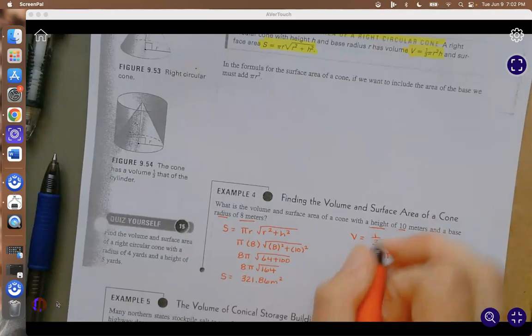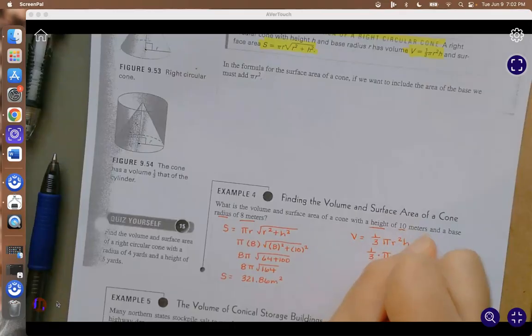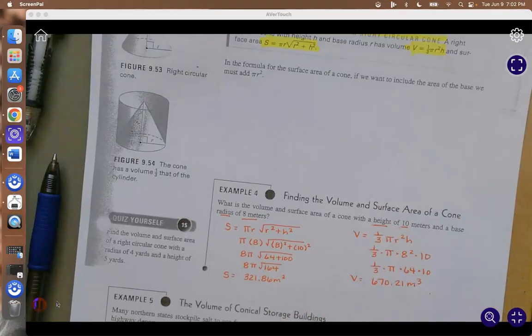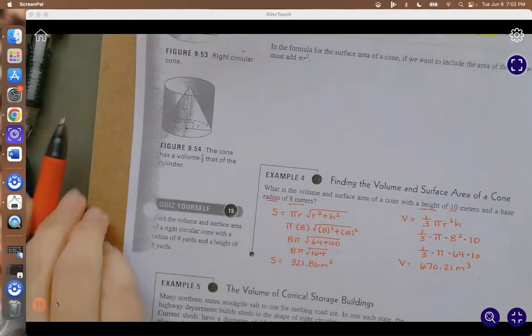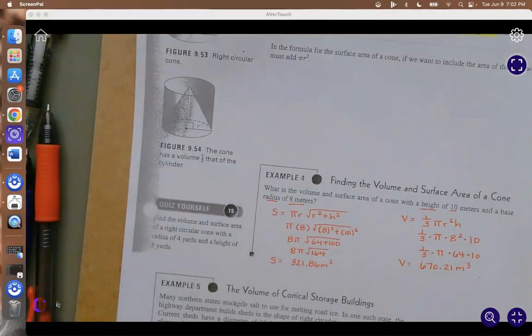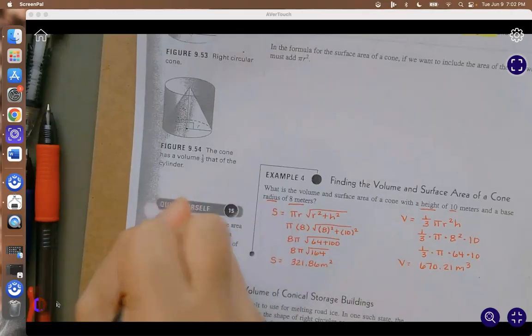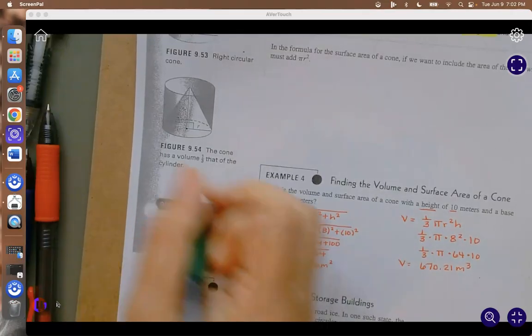Type all that in at one time, and you get 670.21 meters cubed. Okay, we can do this one for another practice problem. Find the volume and surface area with a radius of 4 yards and a height of 5 yards.